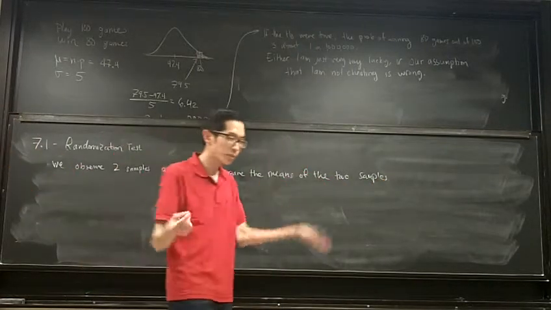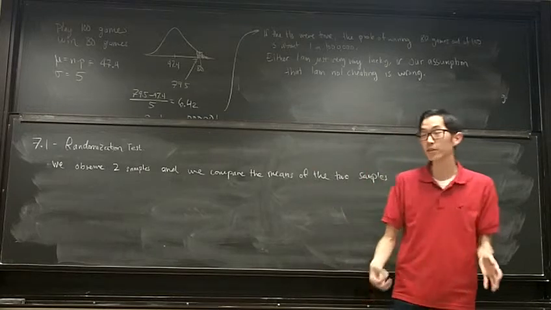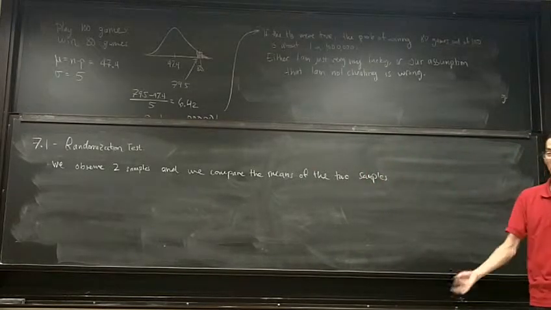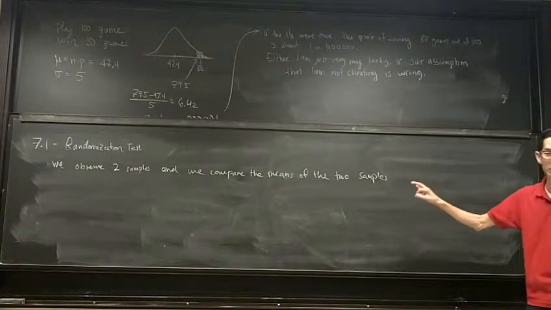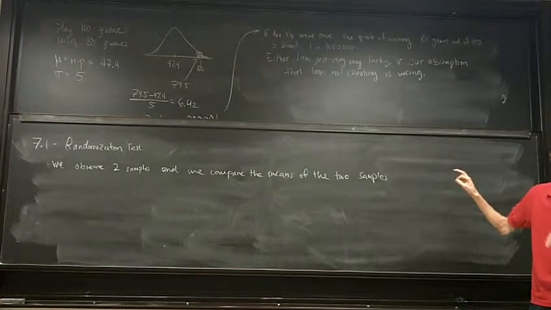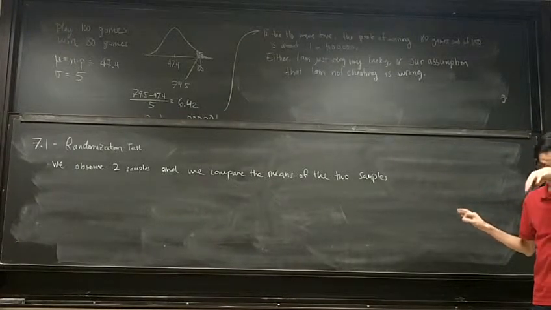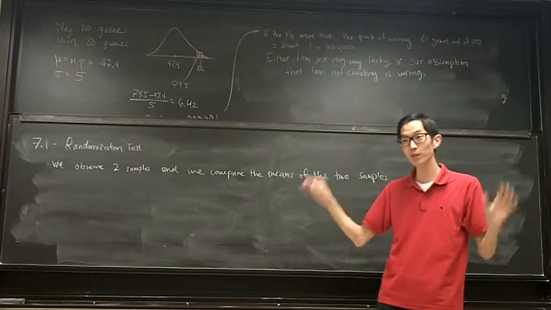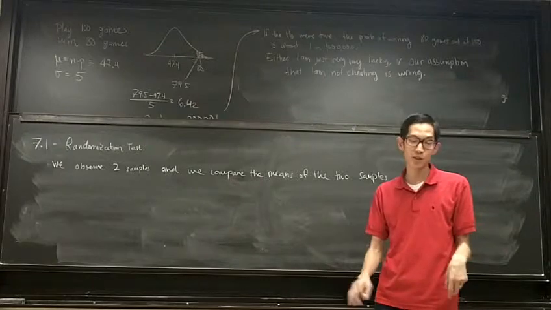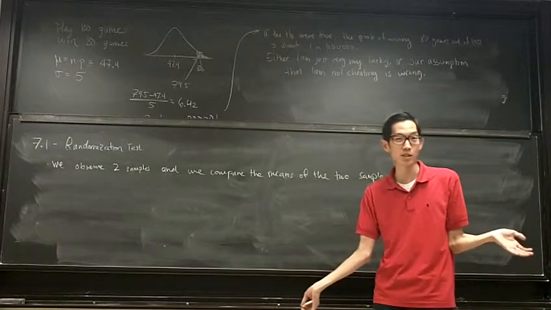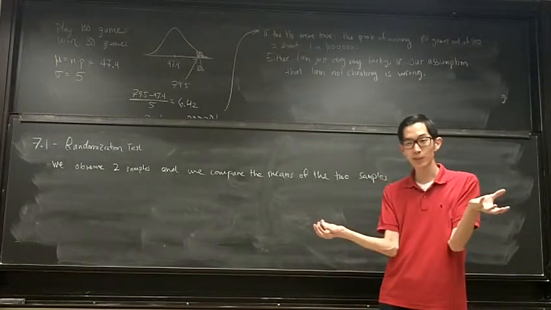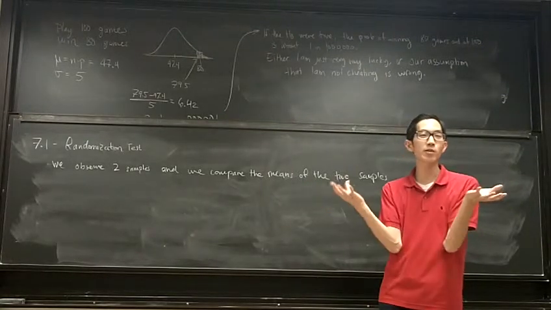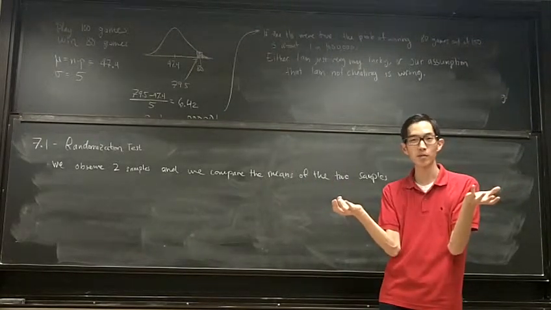Anytime you take 2 random samples, and this is now quantitative data, right? Our casino data was categorical, you won or lost, but now we're dealing with means, and so we've got quantitative numeric data. So anytime you take 2 samples of numeric data, even if they come from the same population, or if they come from different populations, and I find the mean of this sample and the mean of this sample, there's almost certainly going to be some kind of difference, right?